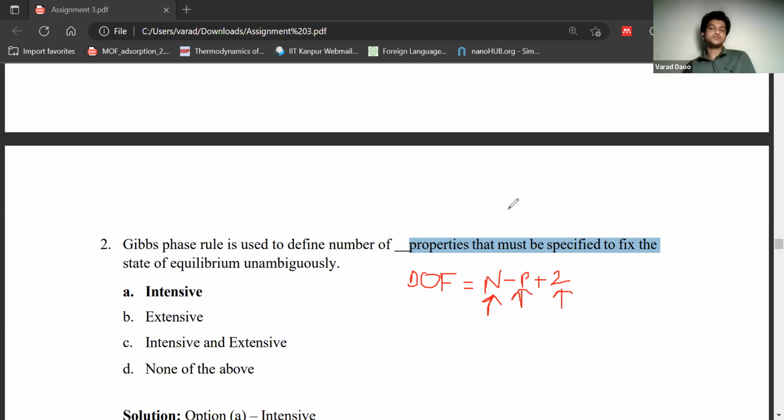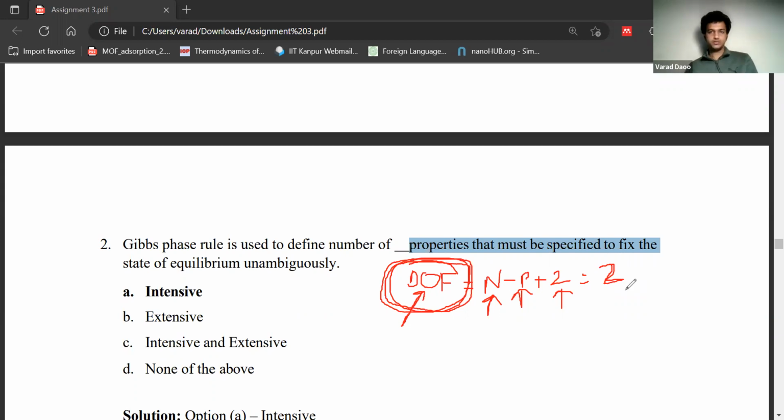for an unreactive system. And degrees of freedom is nothing but the number of intensive variables. By definition itself, it is intensive. Degree of freedom is nothing but the number of intensive variables which are required to fix the condition of the system, right? So if degree of freedom comes out to be, let's say, 2, and we fix the two intensive properties, the whole system's properties get fixed.